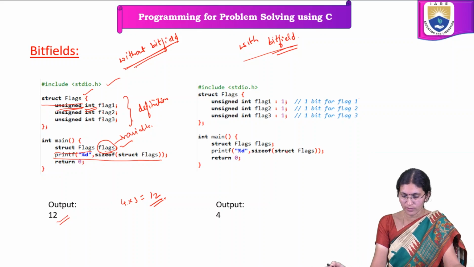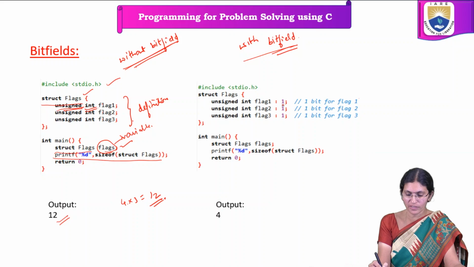Now if you try to use the concept of bit field, in order to use bit fields we need to specify the number of bits. This is how you can specify it. This is the individual member of the structure, unsigned int flag1, semicolon after that, followed by the bit field.